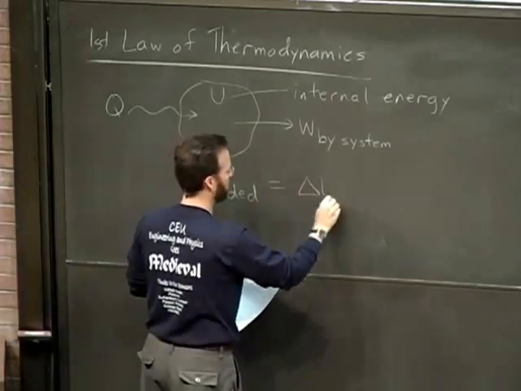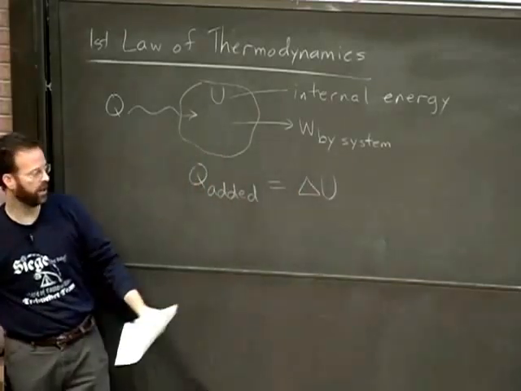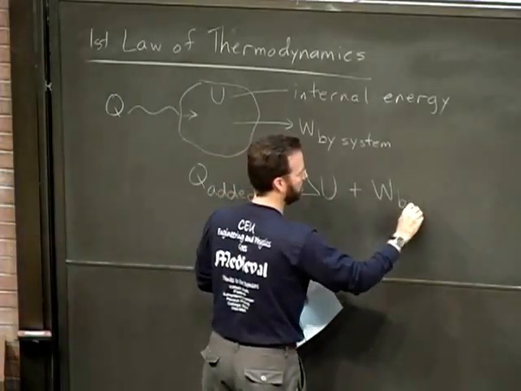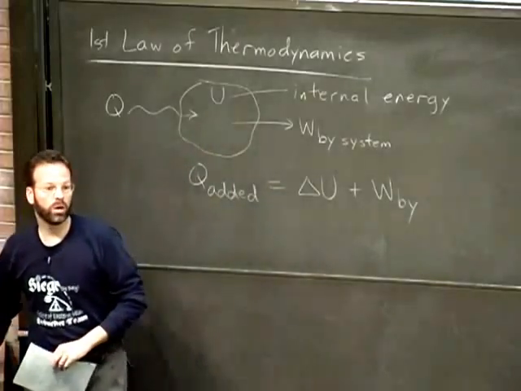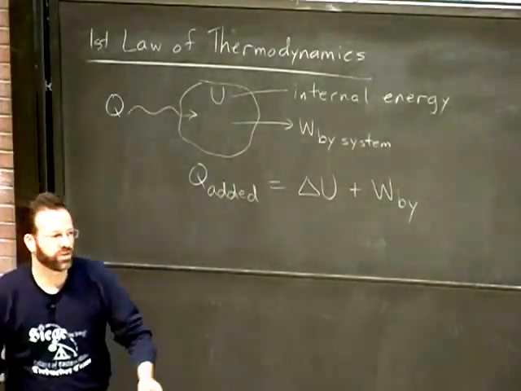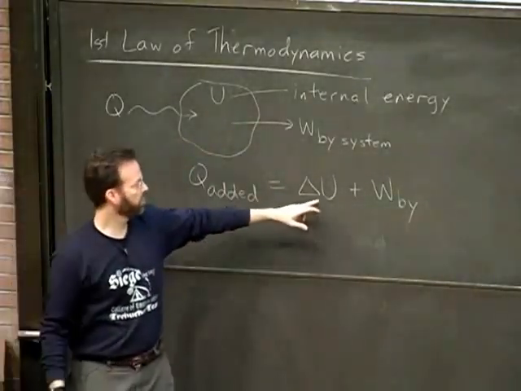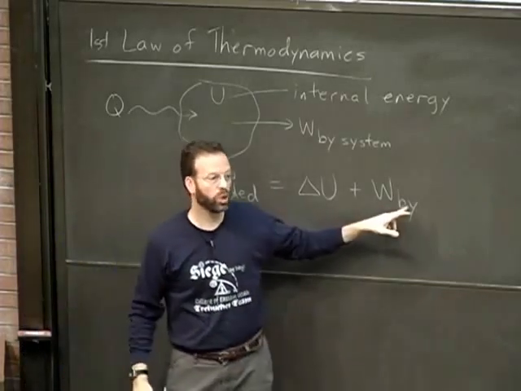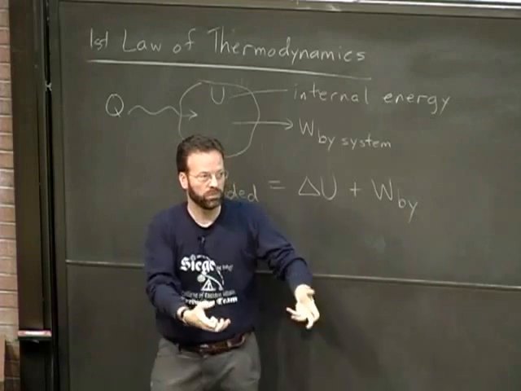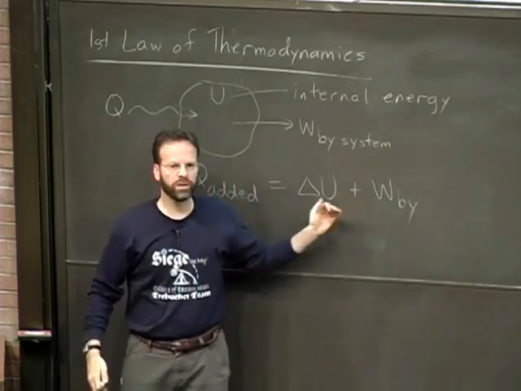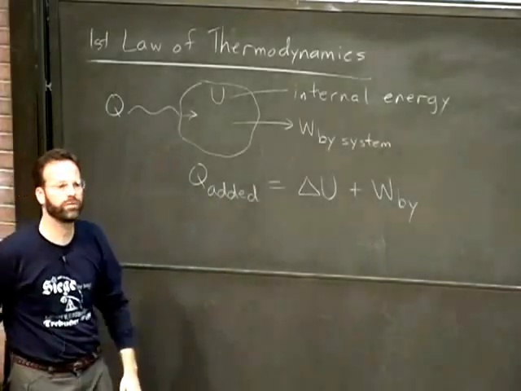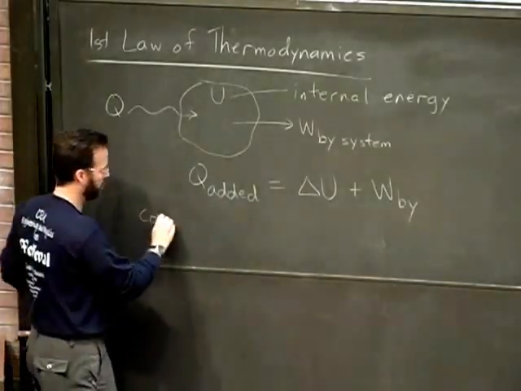It can change the internal energy. It would increase it if you add it. And or it can make the system do work. If this internal energy increases too much and it explodes and ruptures, that means the system just did work. But if you account for those forms of energy, it all makes sense. That's the whole point of the first law of thermodynamics. It's conservation of thermal energy.